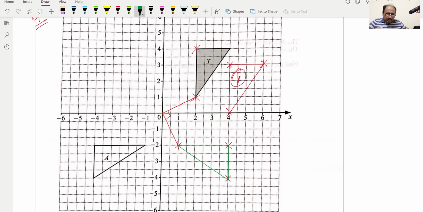This is T rotated 90 degrees clockwise, and this is the answer for part 2. I have written here 2.